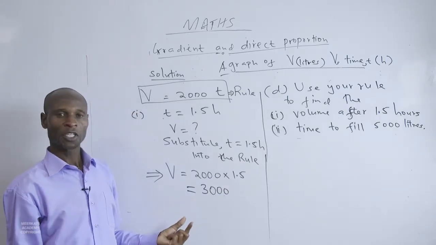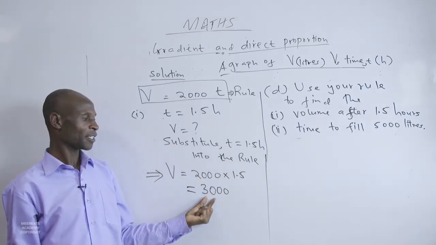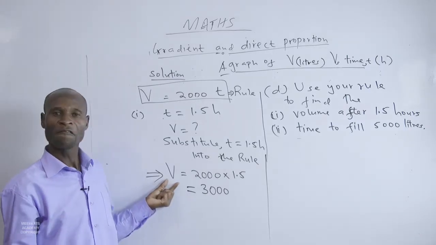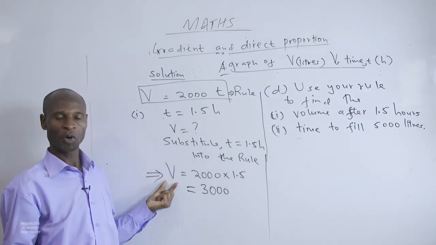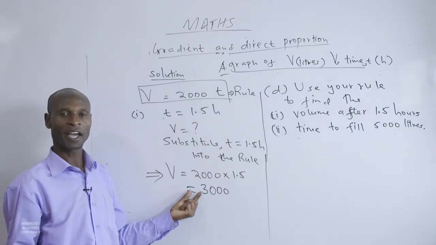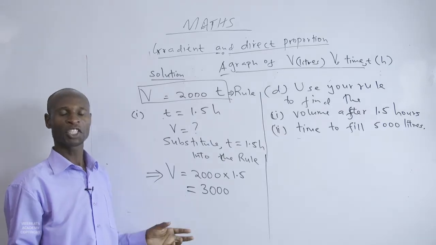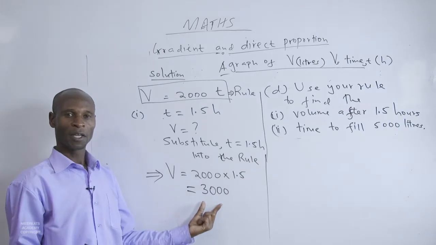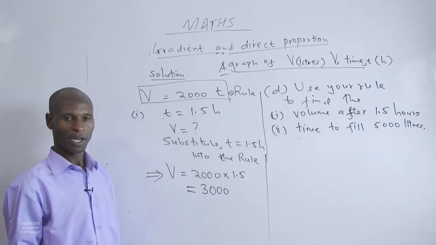So in short, 2000 multiplied by 1.5 gives 3000. Because the volume in this case is in liters, it's very important for us to indicate that unit, because volume can be measured using different units. So we shall express our answer as 3000 liters.